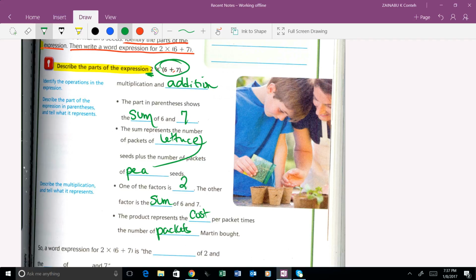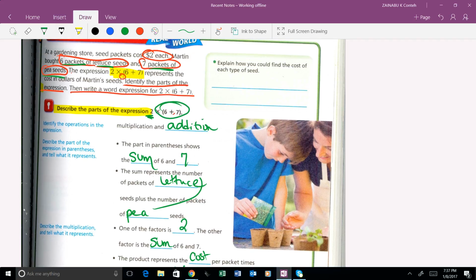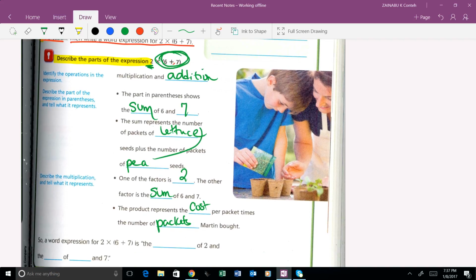If we go back to our original problem where it gives us the facts, we circled the $2 each, but why? Because it's the cost for seeds. If he buys 6 packets of lettuce seeds and 7 packets of pea seeds, he's still paying $2 each for those packets, so why not make our lives easier and find the sum of 6 and 7 first to tell us how many packets in total, and then multiply that number by 2.